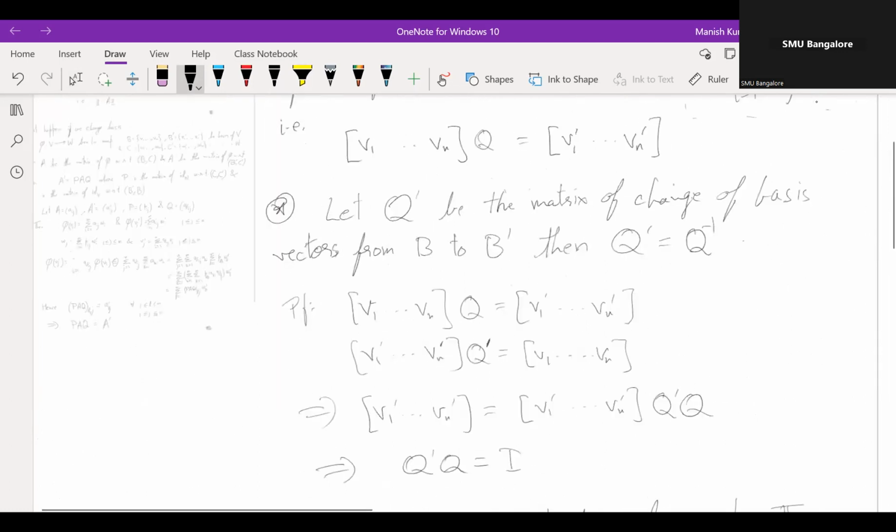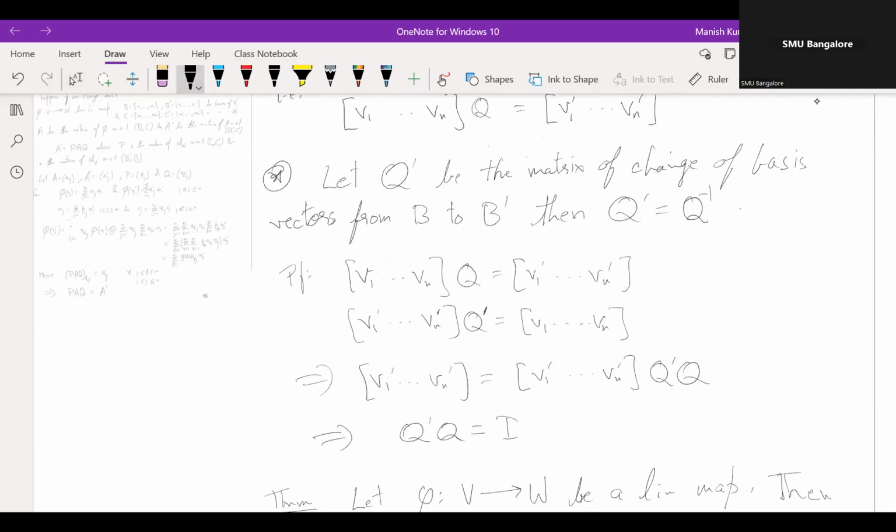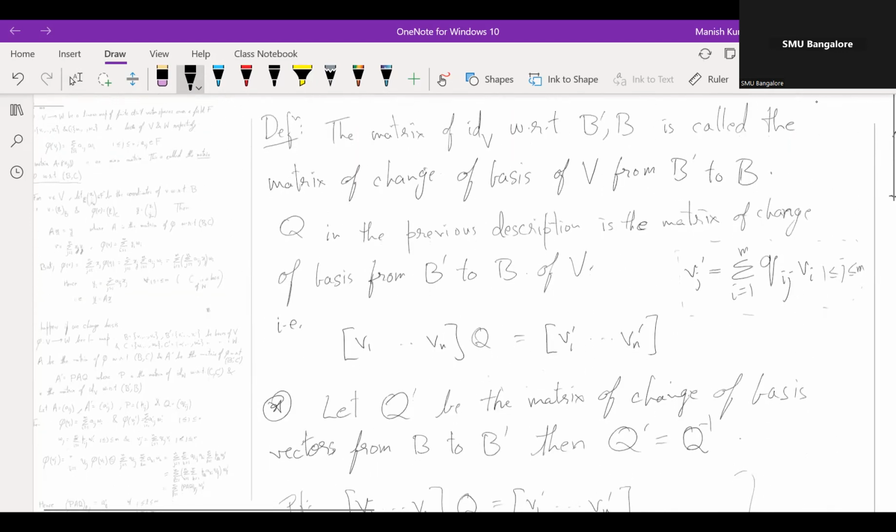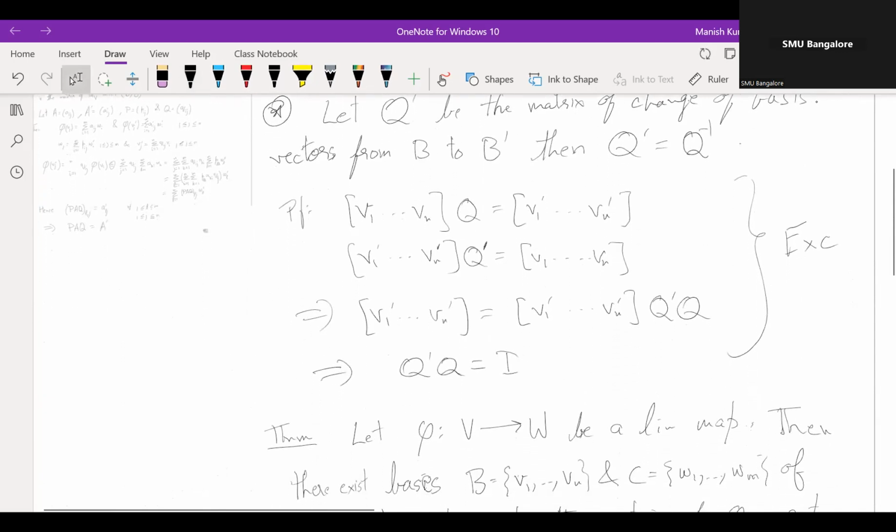And then if you combine, you'll get that this product is identity. So maybe I'll leave it as an exercise. Do it using this formula. Prove that this Q prime times Q is indeed identity.